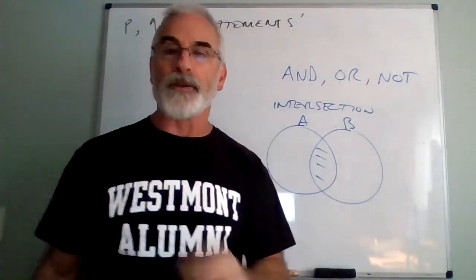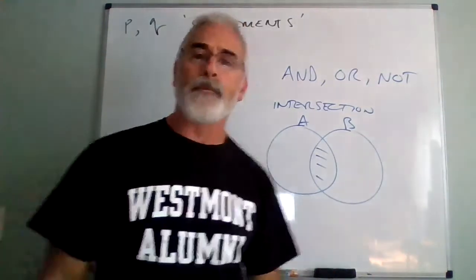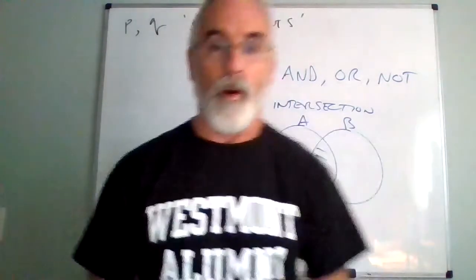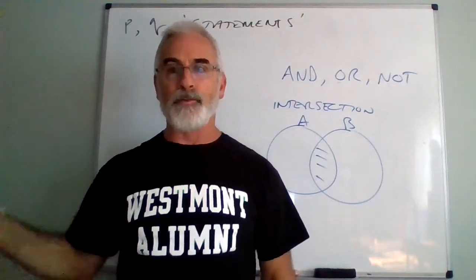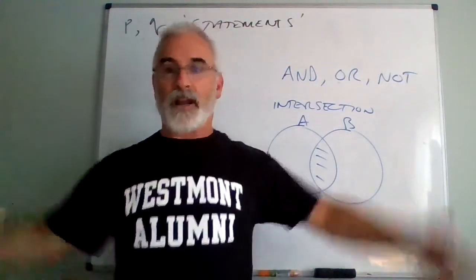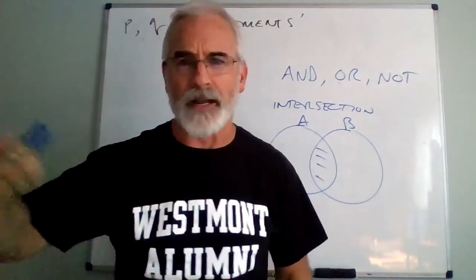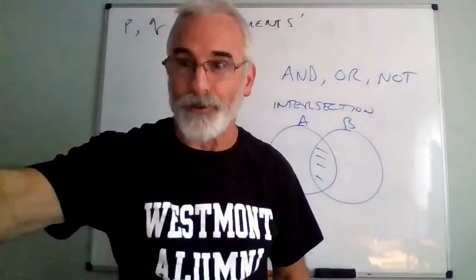If any part of an or is true, then the or is true. So I'm going to have breakfast later on today, or I'm from Mars, or I'm going to fly to the moon this afternoon. Now, after you see me have breakfast later on today, then what I said was true. I didn't fly to the moon and I'm not from Mars, but I did have breakfast. So the or was true.